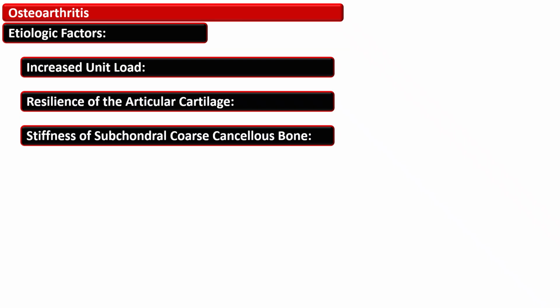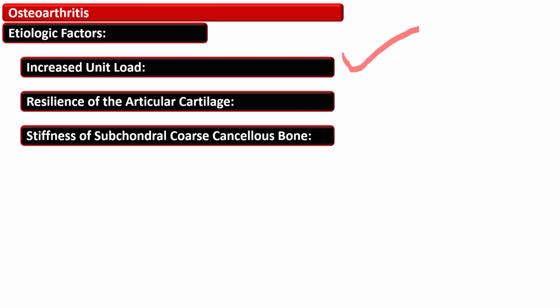Thus, in congenital hip dysplasia, a fairly common abnormality, the socket of the acetabulum is shallow, and it covers only 35% of the femoral head, which is normally covered 50%. So less surface area is covered by articular cartilage, which then bears an increased load. When the critical unit load is exceeded, chondrocyte death occurs, and it causes the degradation of the articular cartilage.